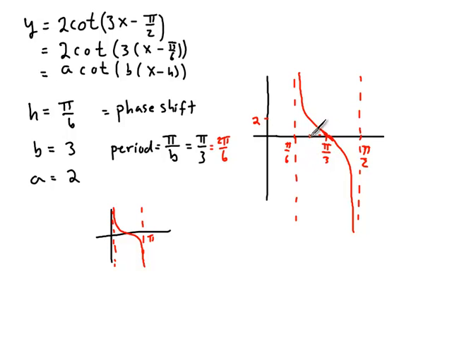And finally, I need to find the x-coordinate here. I'll add up these two, divide by 2. It's halfway between these, so I need the average of the two values. Pi over 6 plus 2 pi over 6 is 3 pi over 6. Divided by 2 is 3 pi over 12, which will give a value of pi over 4.